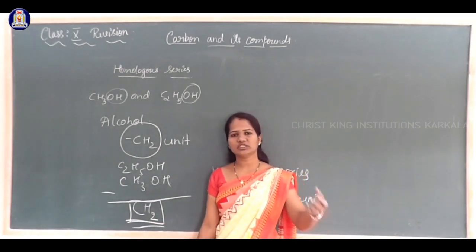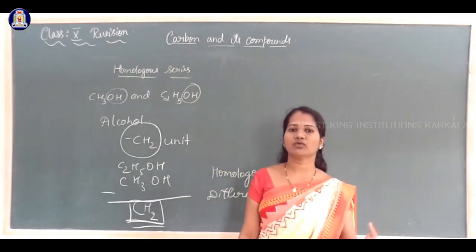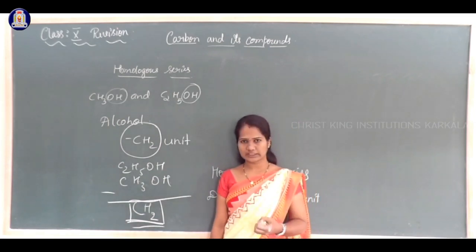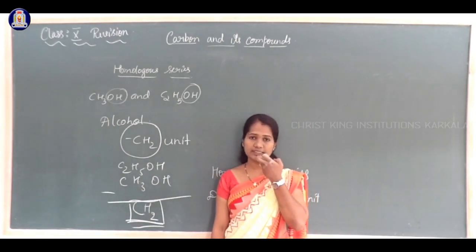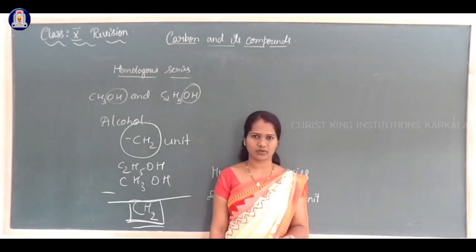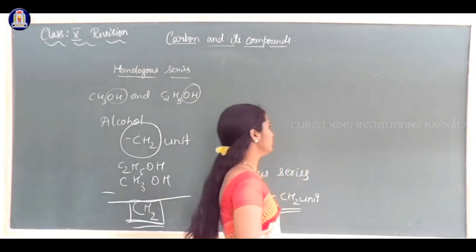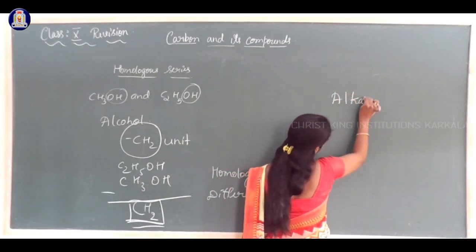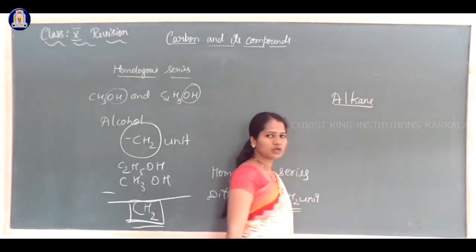Sometimes you may get a question like this: what is homologous series? Or define homologous series and explain with an example. You can take any example. If you take the alkane group, alkanes show homologous series.